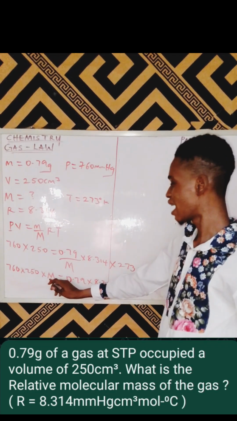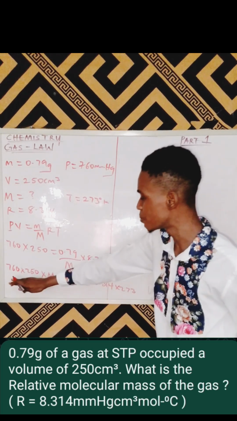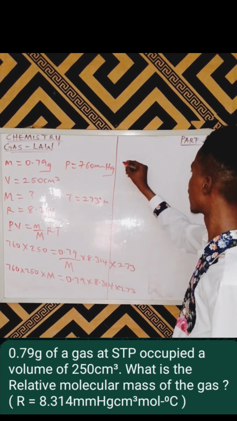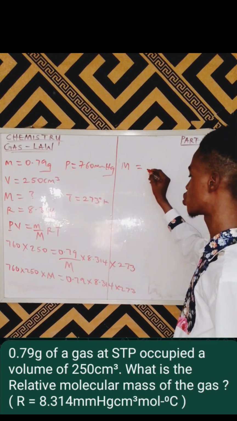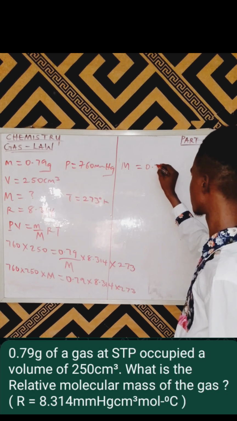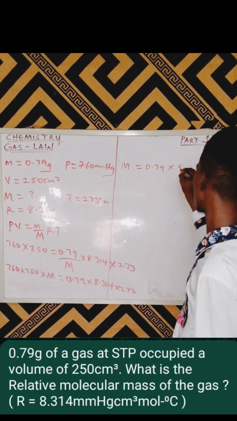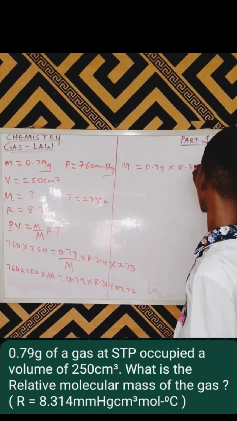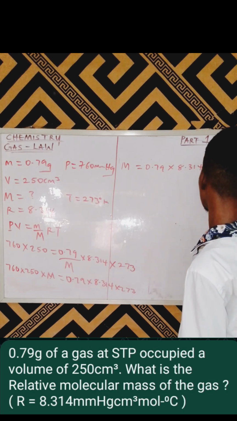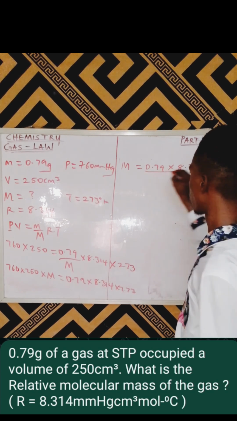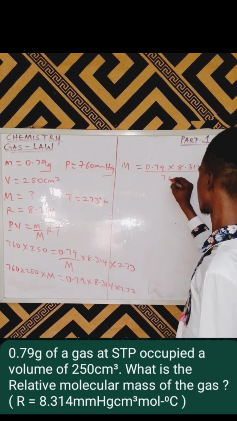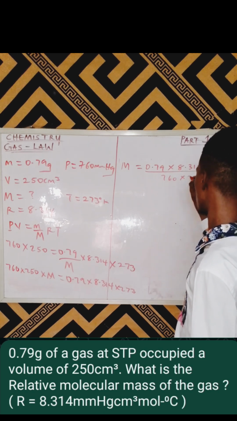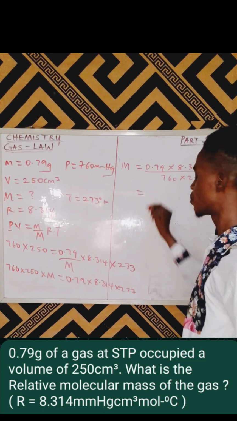Since I want M, I'll divide both sides by everything beside the M. So M is equal to 0.79 times 8.314 times 273 all over 760 times 250. Now let me press my calculator.